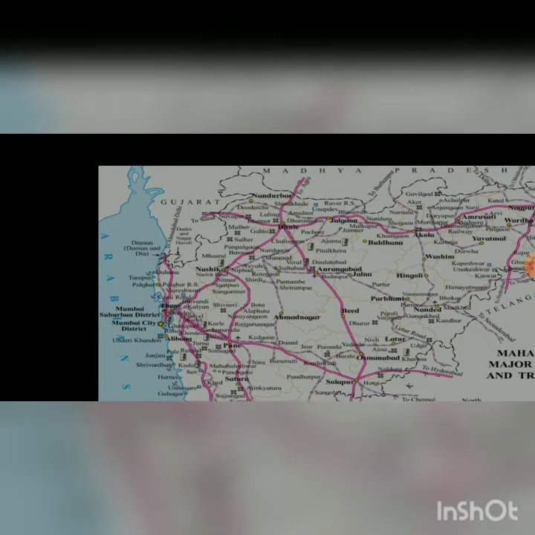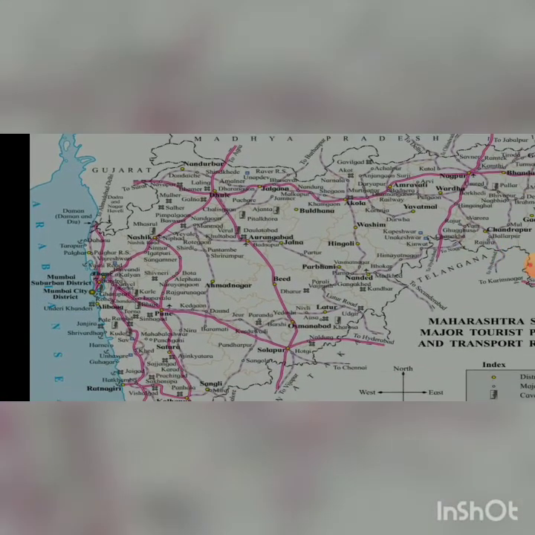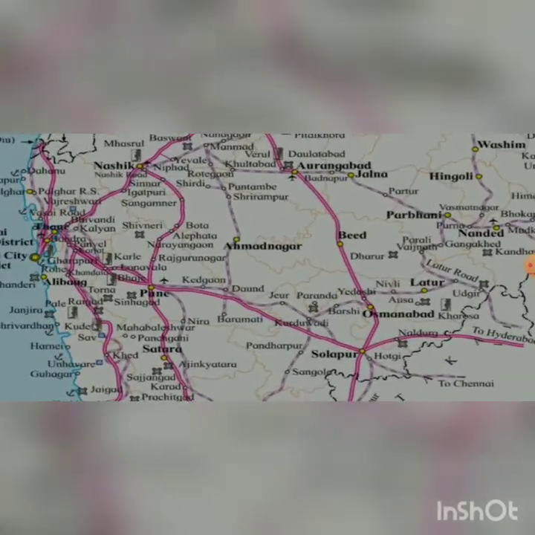You can see a hot water spring, that is the Vajreshwari. If someone has gone over there, you might know the place because it is near Mumbai only. Many of you have visited Vajreshwari, the hot water spring.